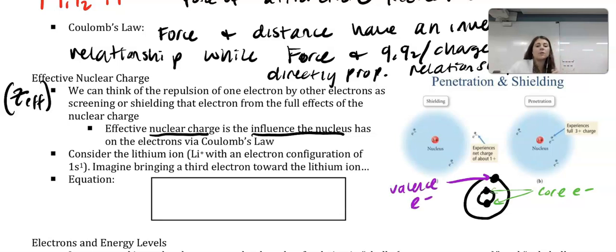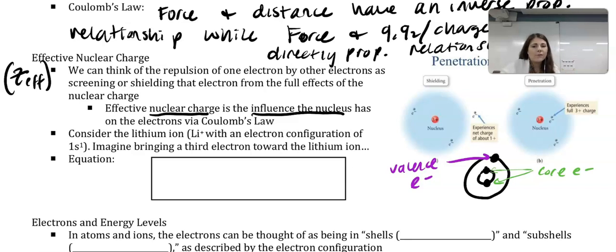Valence electrons are the electrons found in the outer ring. In this case, we only have one energy level for core electrons, but we could have more depending on how many energy levels we have. Those two core electrons are going to be shielding your valence electron from feeling the full pull of the nucleus. It's almost like, hey, we're closer, we're first in line, okay?